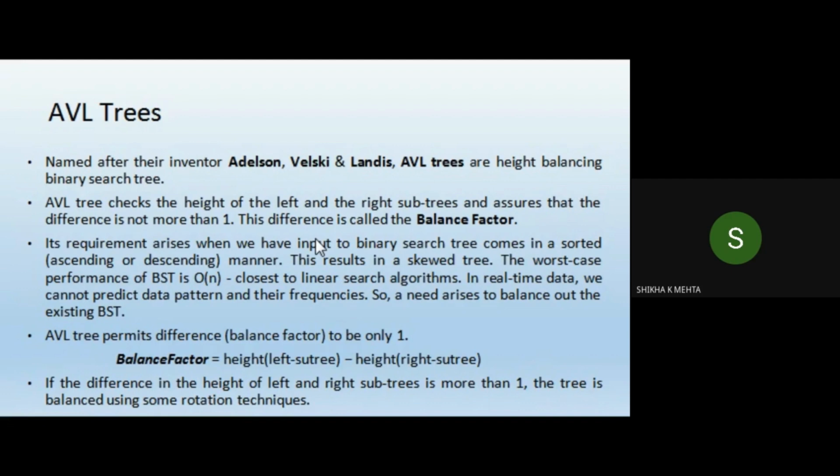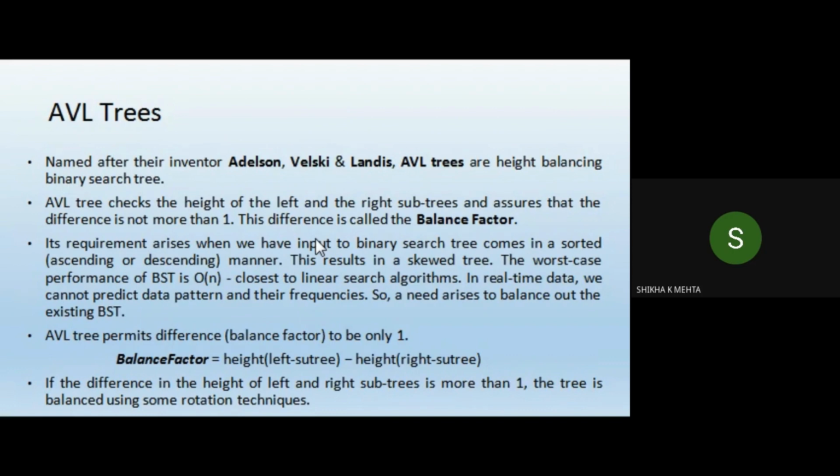The property that has been added in the AVL tree is that the heights of the left and the right subtrees cannot differ by more than 1. This difference is called the balance factor, or balancing factor.